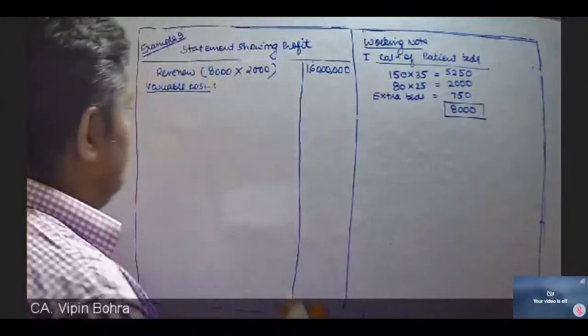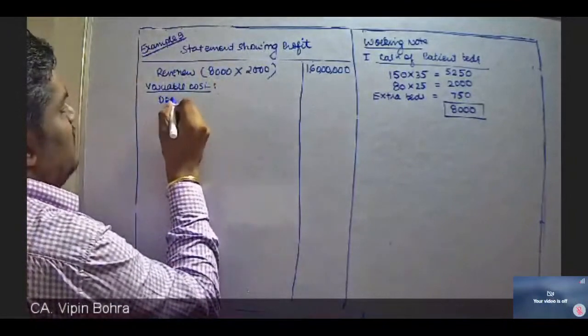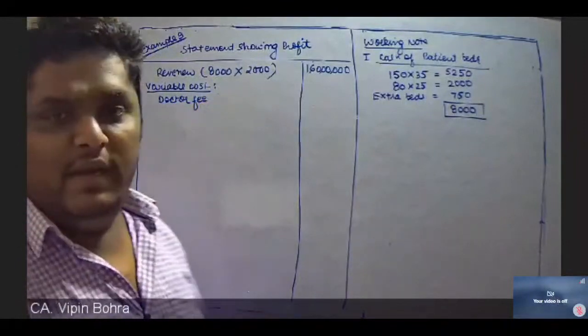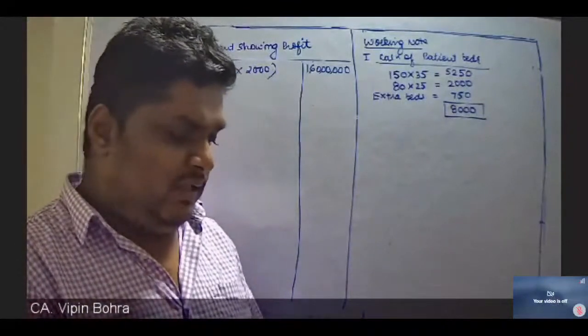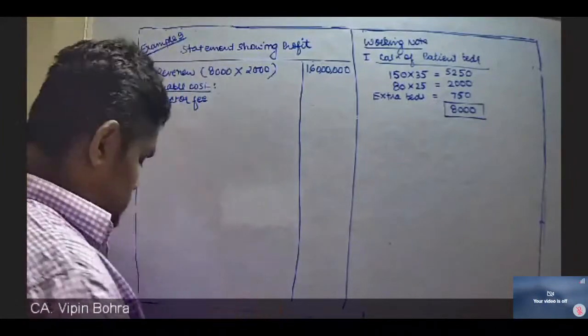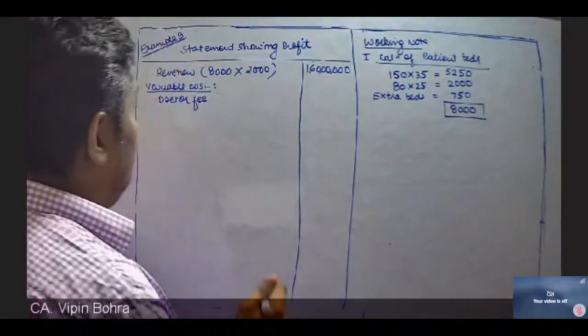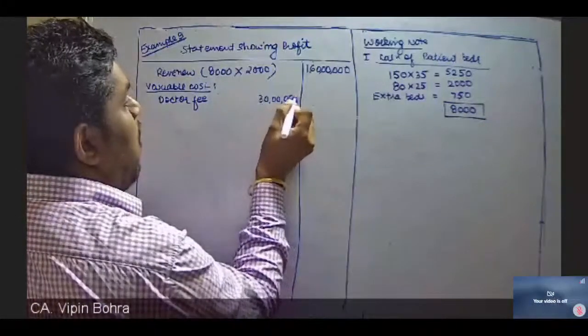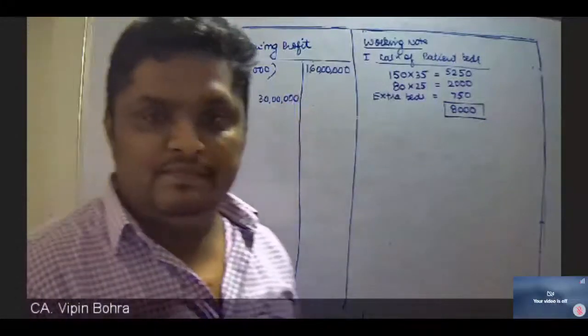So perfect, doctor fees. How much have they paid? 2,50,000 per month into 12, so 30 lakh.